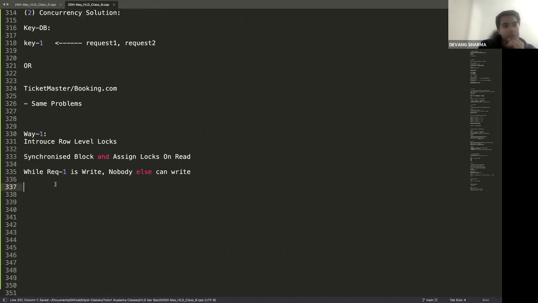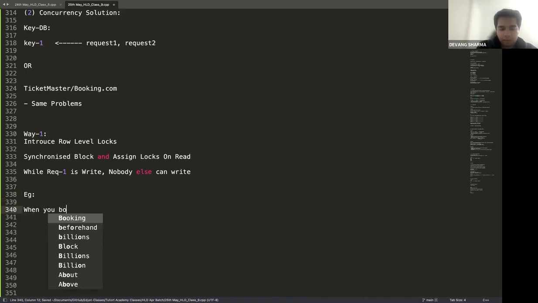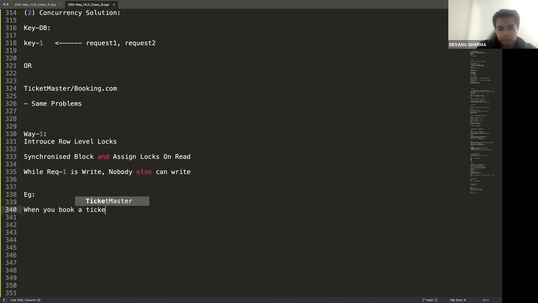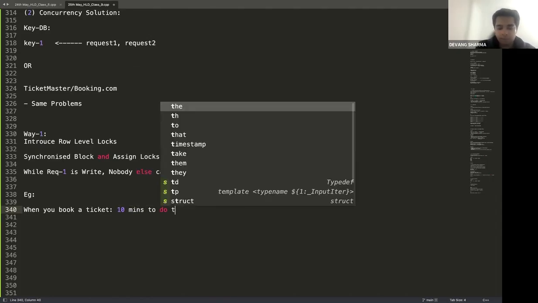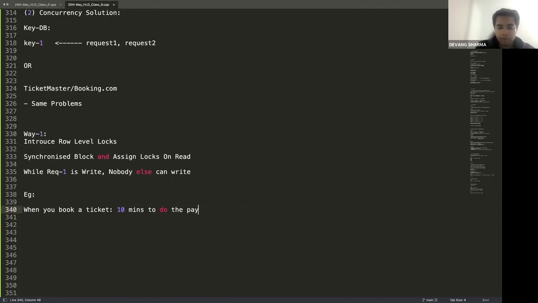For those synchronization based locks, you can write simple code for that synchronization block as well. What exactly that is going to do, take an example: when you try to book a ticket, you are given 10 minutes to do the payment and complete whatever it is.